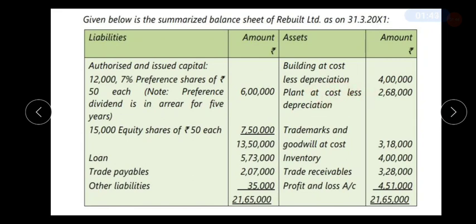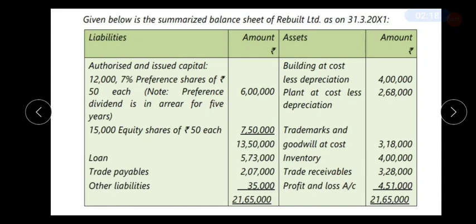So this is the cost value of plant, which is nothing but book value after deducting depreciation. And here you are given intangible assets, trademarks and goodwill at cost, rupees 3,18,000. Current assets: inventory 4 lakh, trade receivables 3,28,000.